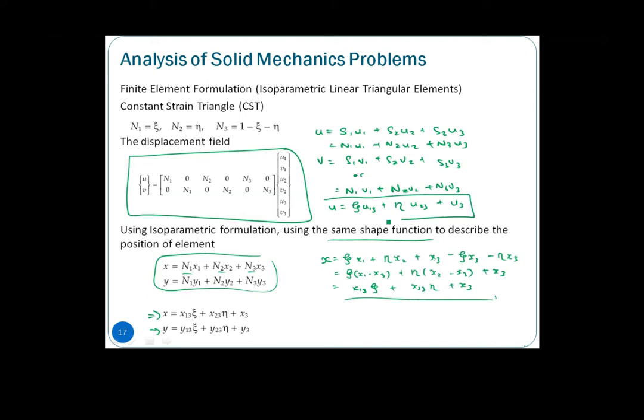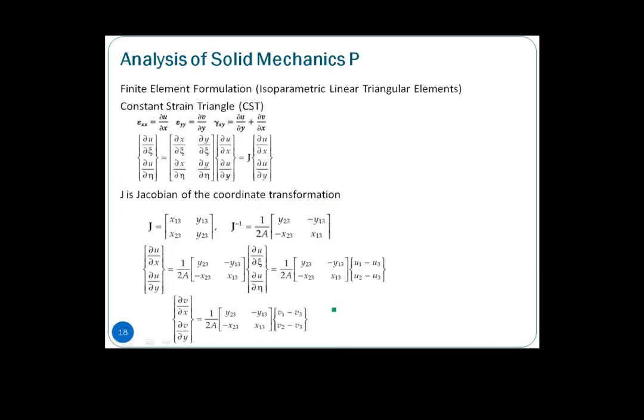That is in terms of u displacement, and this is in terms of our x. y is also the same, v is also the same. So that basically gives us that they are sharing the same shape functions under isoparametric elements.